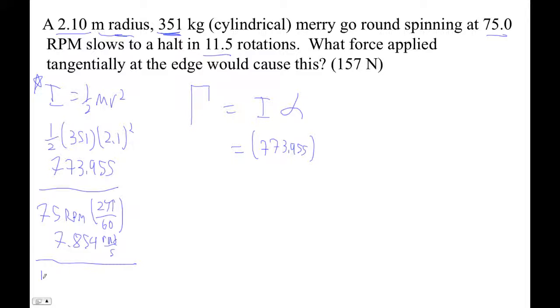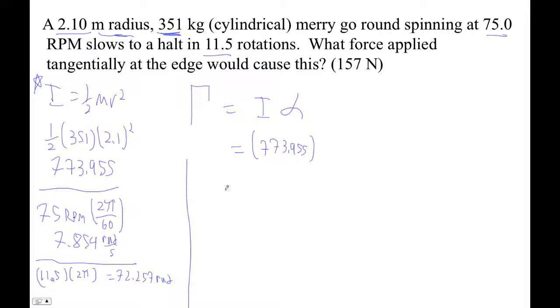And then it's 11.5 rotations. I've got to turn that into radians. So 11.5 times 2 pi. I'm going to store that in S because that's our displacement. 72.257. And that's radians, right?